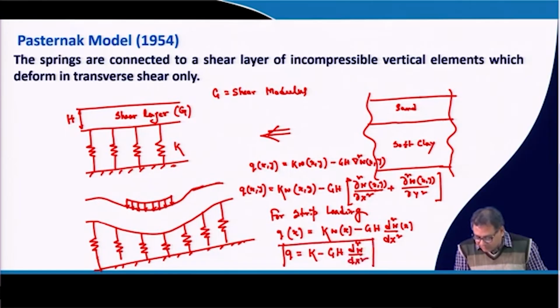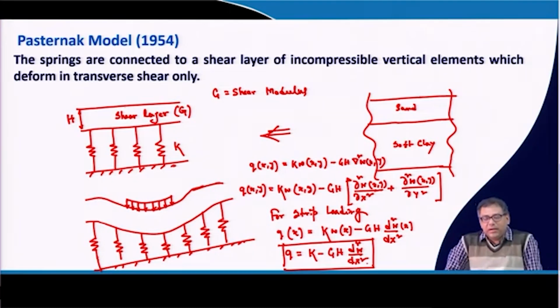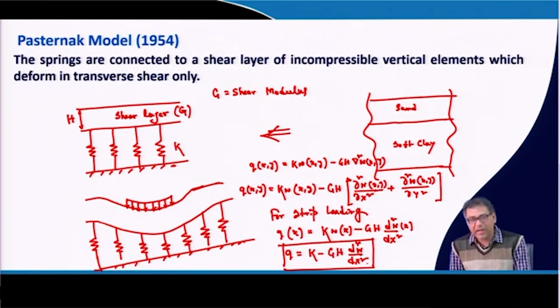So, this is the equation under strip loading. In the Winkler model, the only parameter involved is K, the subgrade modulus. But for the Filonenko-Borodich model, two parameters were involved, one is T, another is K. Here also in the Pasternak model two parameters are involved, one is K, the subgrade modulus, another is G, the shear modulus of the shear layer.